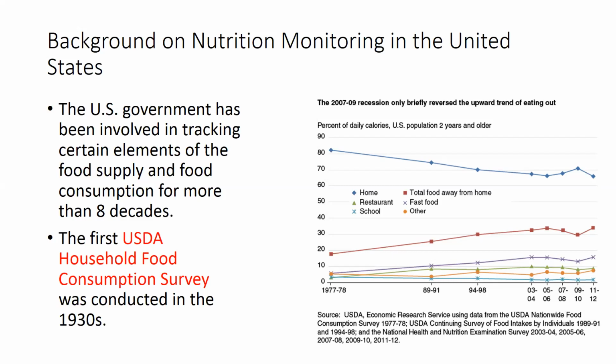And it's this type of information, this particular survey, that allowed us to see the information on the graph on the right there. So one of the things that we know about eating habits in this country is that people started eating out more and cooking less. So the total food away from home is that red square, and you can see that increase. Many of you probably remember we were in a recession in this country, 2007 through 2009.